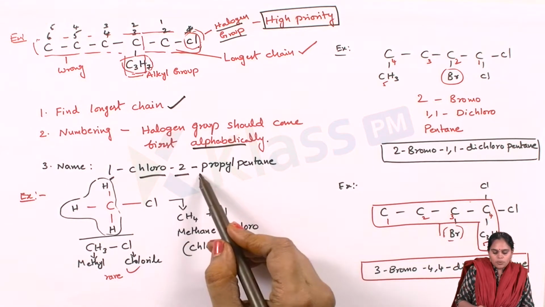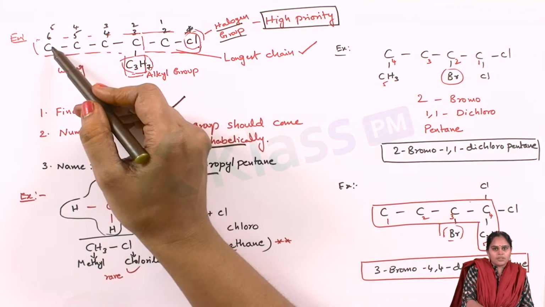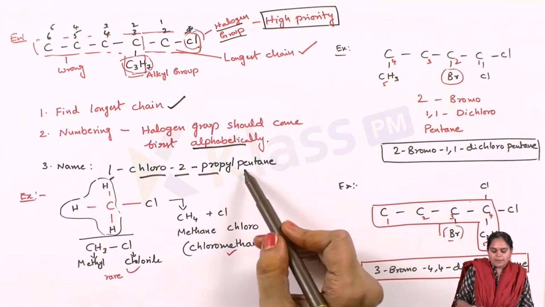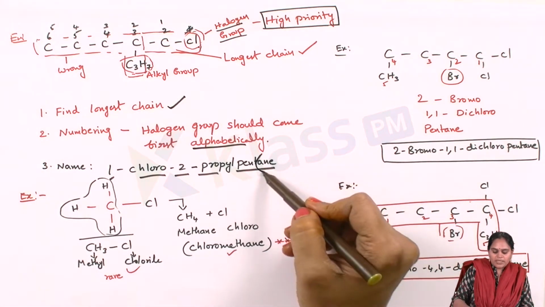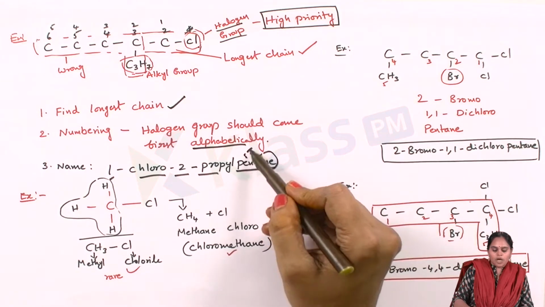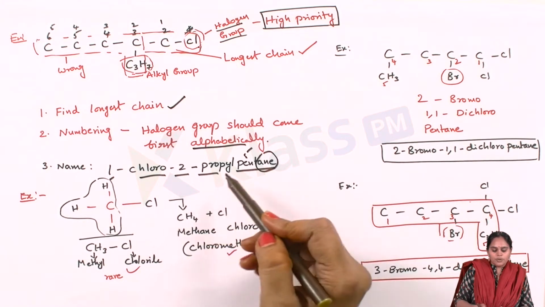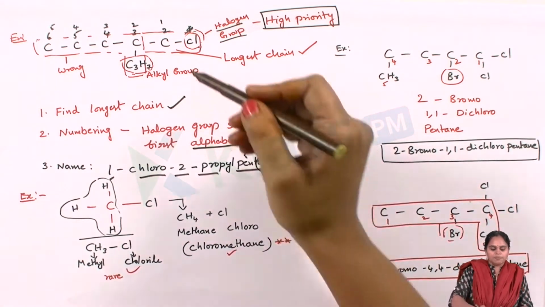In the 2 propyl, and in the carbon chain of 5 carbons, what do you call this 5 carbon chain? Pentane. All the bonds are single bonds, so ane is added. 5 carbons, so pentane. 1 chloro, 2 propyl, pentane is the naming for this formula.